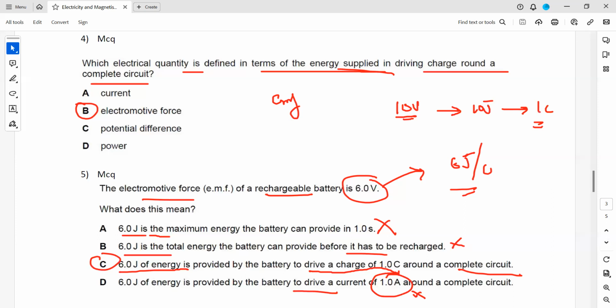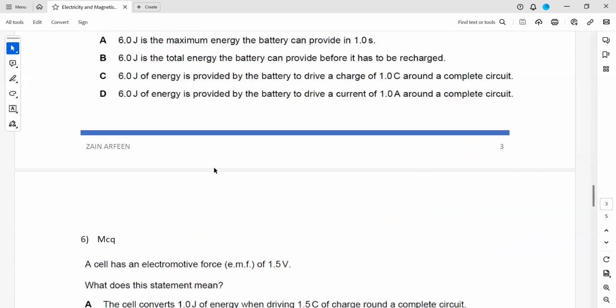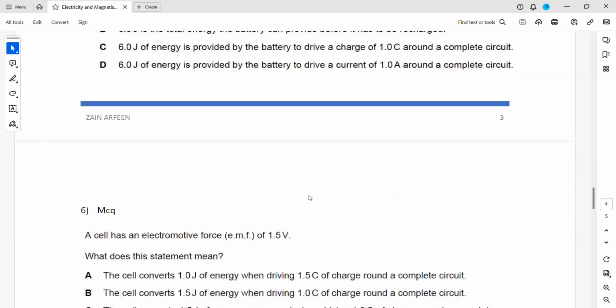Is it clear? Question 5. Electromotive force, or EMF: how much energy is needed to move one coulomb of a charge?